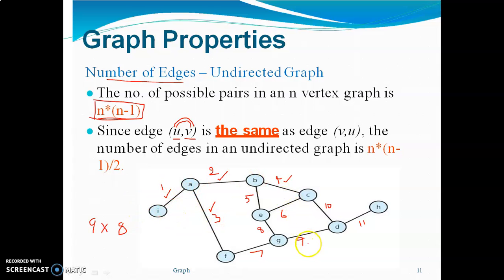Actually we don't have that many edges, so we divide that by 2, then we get the actual number of edges. So the total edges are 11.